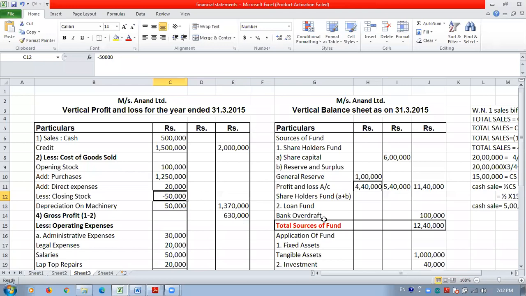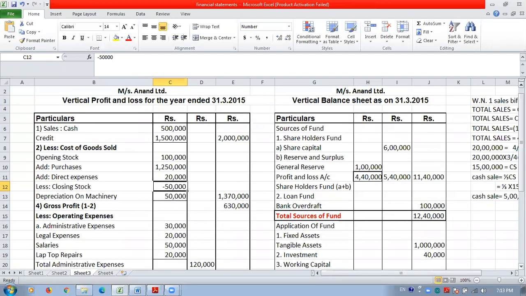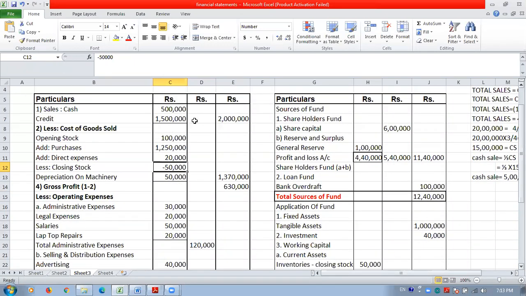Now we have to close the profit and loss statement first. We total the sales, then we total the cost of goods sold, then we deduct the cost of goods sold from sales, and the gross profit is 6 lakh 30,000, right?